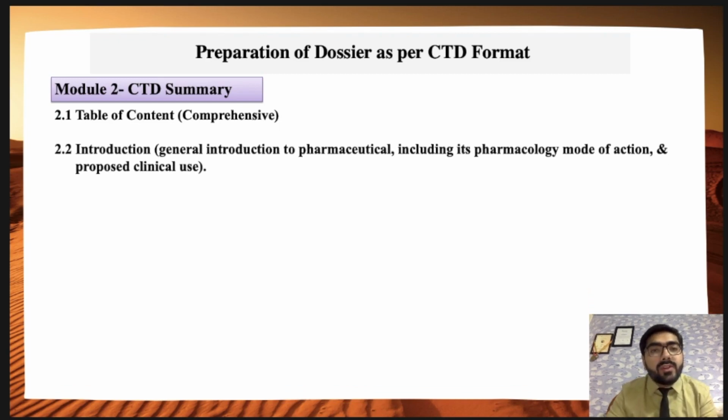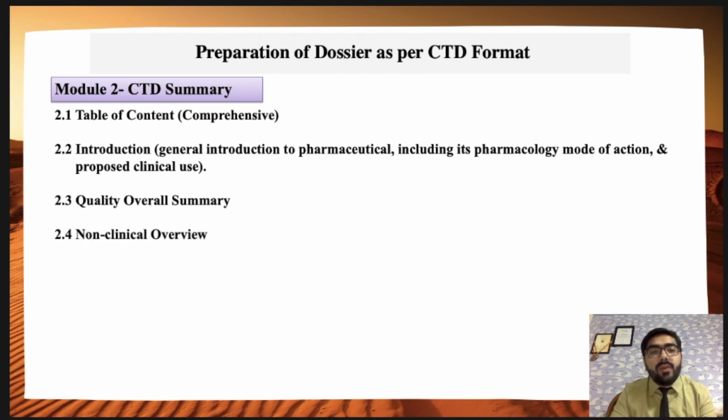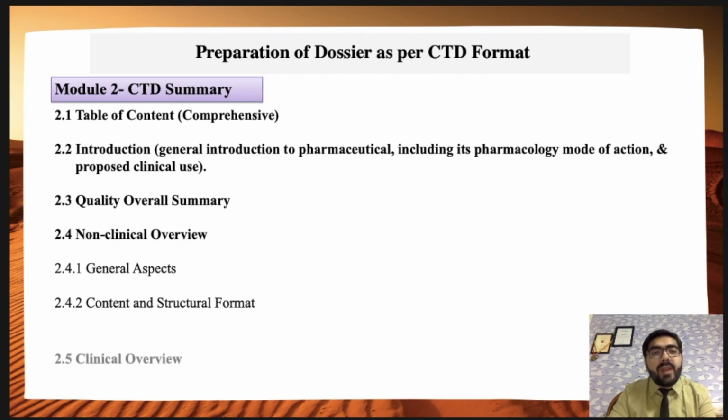In the introduction, a general introduction to the pharmaceutical, including pharmacology, its mode of action, proposed clinical uses. Then 2.3 will include quality overall summary, right? And 2.4 will include non-clinical overview. In non-clinical overview, there are general aspects, and then content and structural format we have to submit. Then clinical overview.